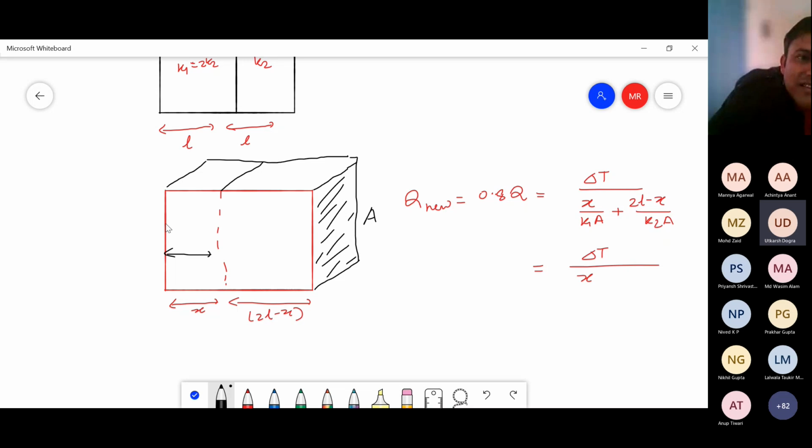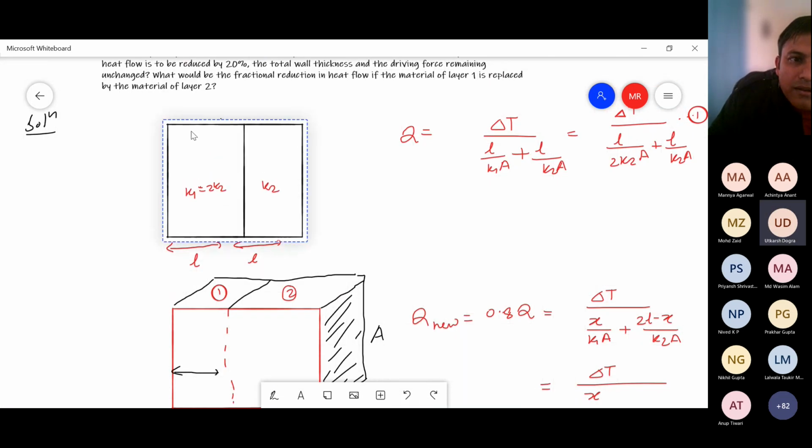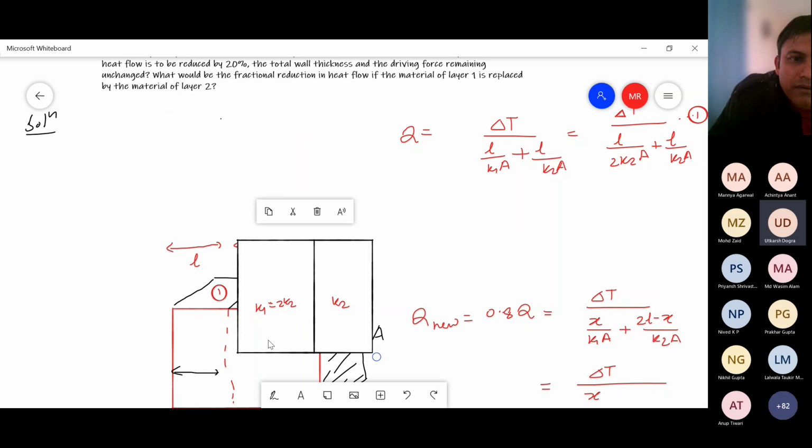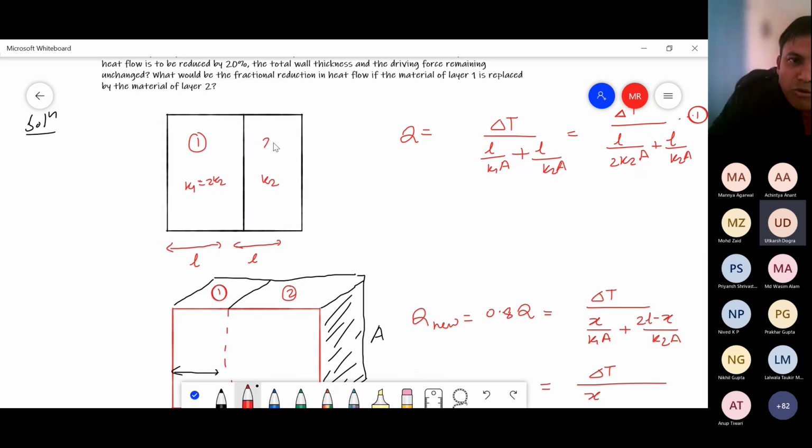So let's say this is block 1 and this is block 2.